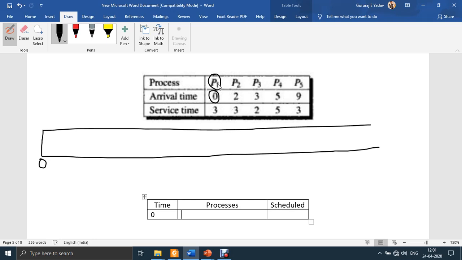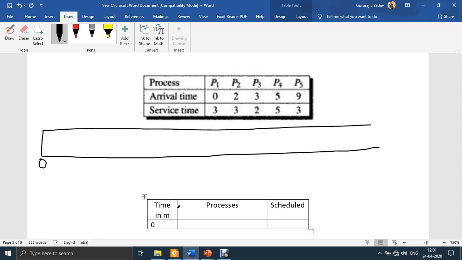Only one process is present at time 0, which is P1, because P2 will arrive at only 2 milliseconds, not at 0 milliseconds. Okay, so at time 0 milliseconds, only P1 is available. You can consider this time in terms of milliseconds.